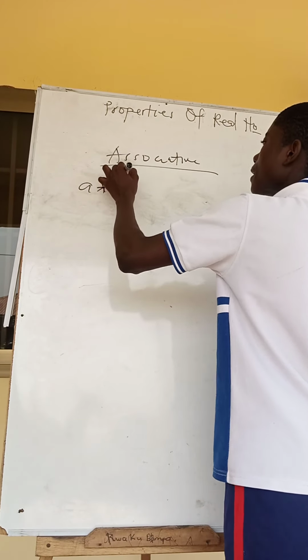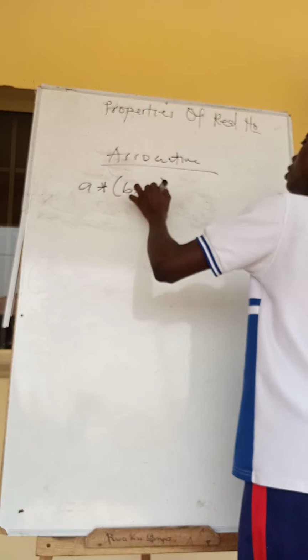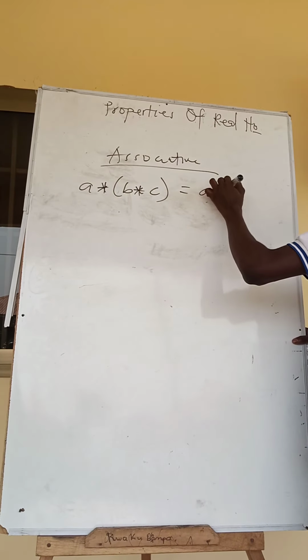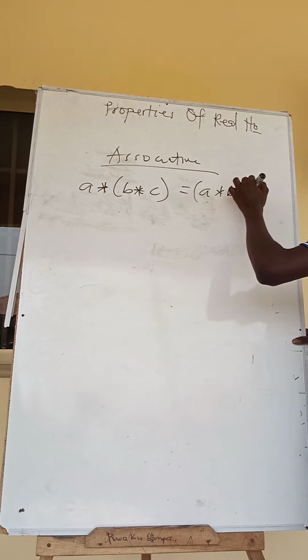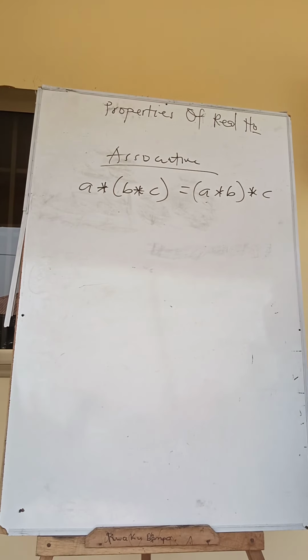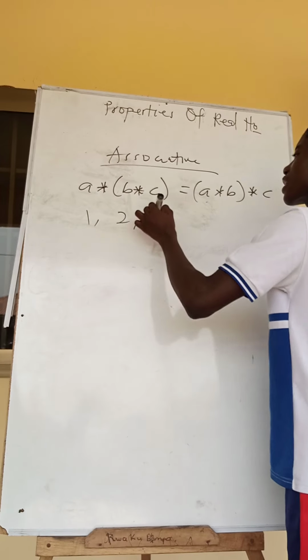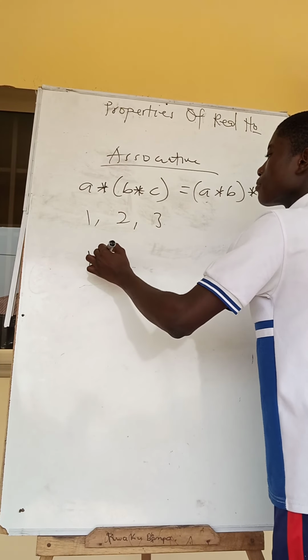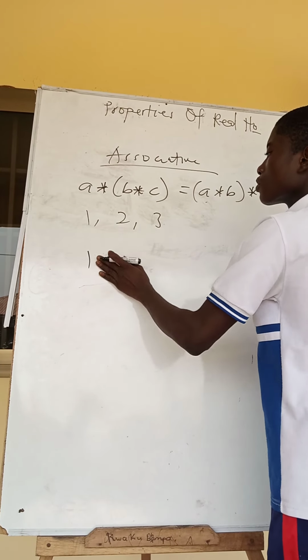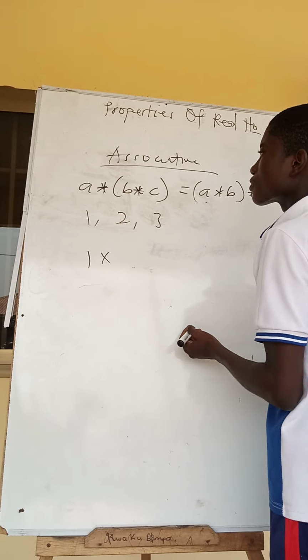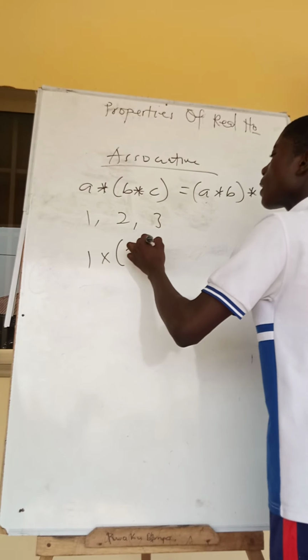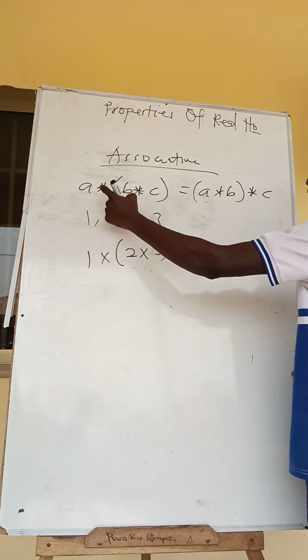A star B star C should be equal to A star B star C, and it is true. Check 1, 2, and 3. 1 times 2 times 3. Check this and let's see.